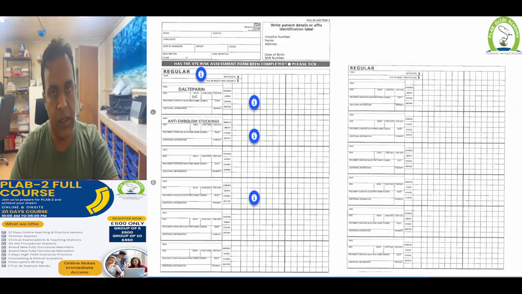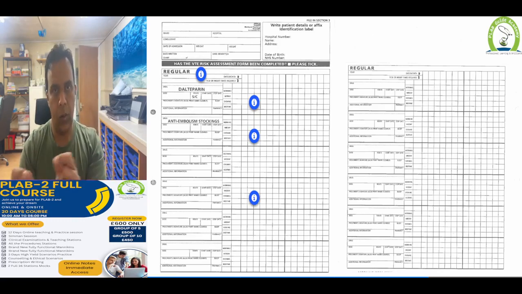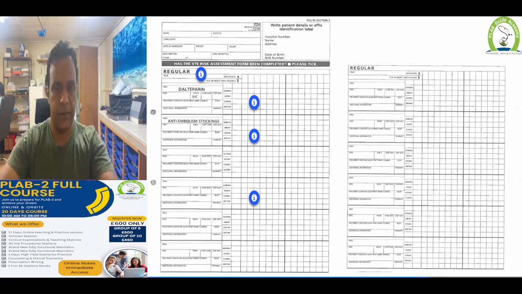Similarly, anti-embolism stockings are for any patient who is in the hospital, so you must prescribe this. The dose of AES is 1 pair, and it has to go on both legs. So in the dose you write 1 pair, and in the route box you write on both legs.